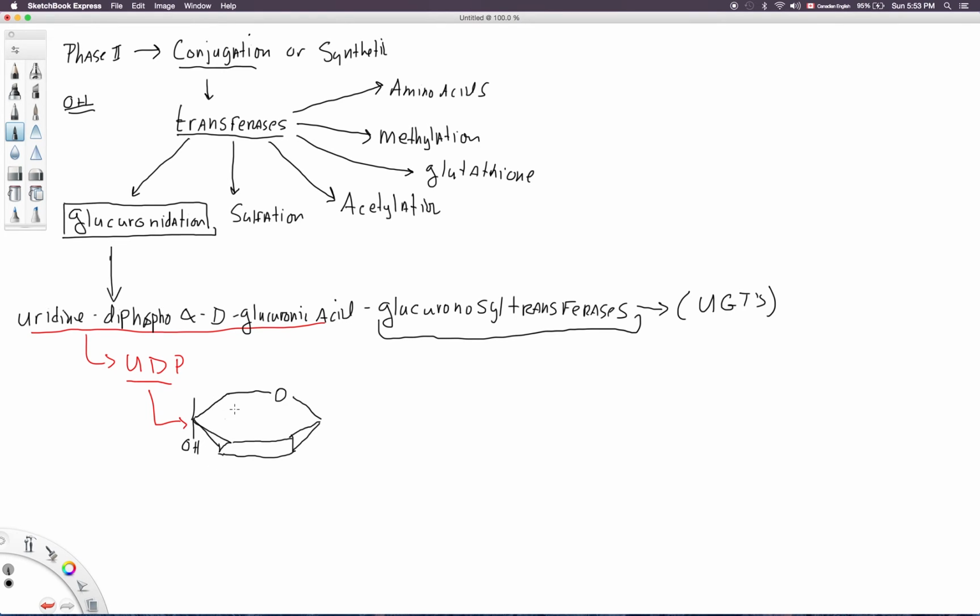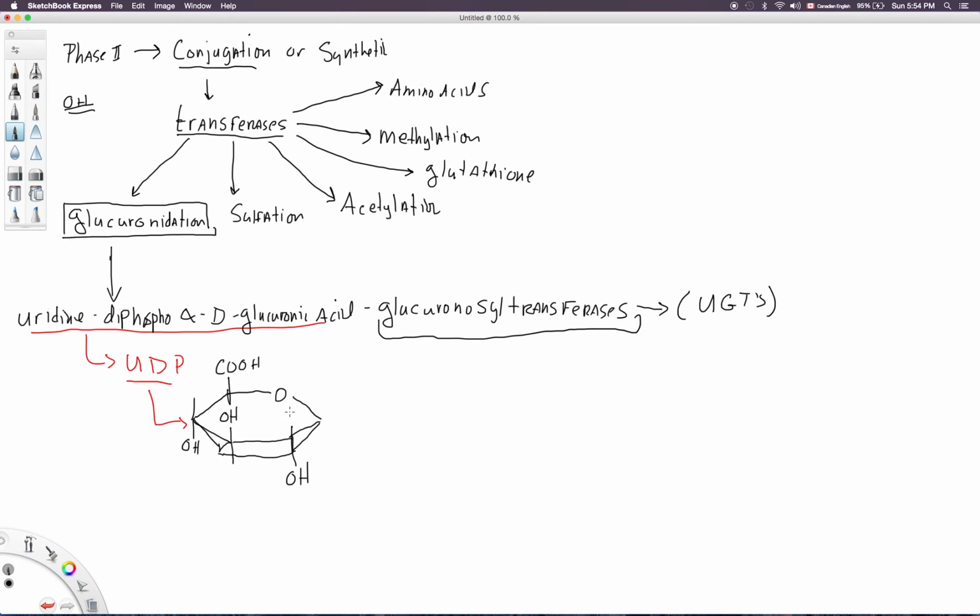I'll just draw the relevant structures: a hydroxyl group here, a hydroxyl group here, and a hydroxyl group here. And then right up here, I also have COOH. This is actually what we're dealing with, this glucuronic acid conjugate that comes from UDP.